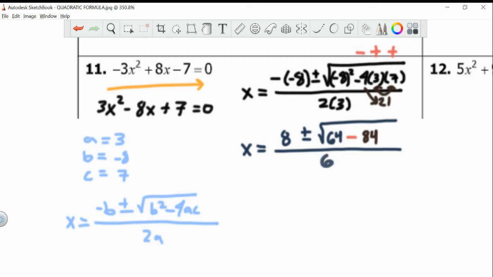Okay. Now, hopefully you're starting to recognize that we have a bit of a problem in this question. We're going to have 64 minus 84. That's going to be negative 20. And negative numbers don't normally scare us, but we have the square root of what is going to be a negative number.